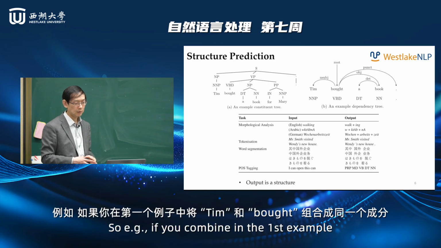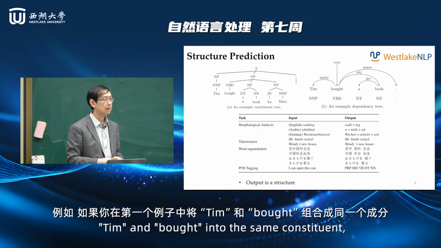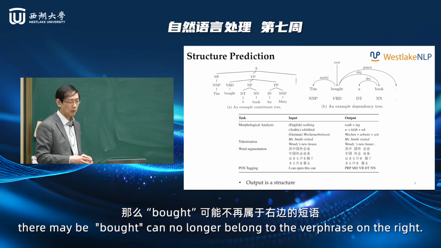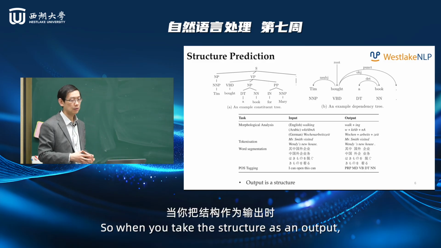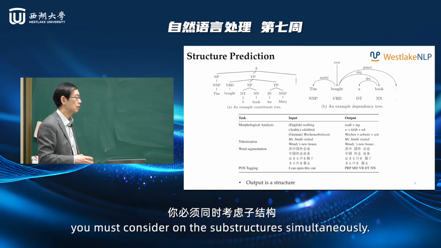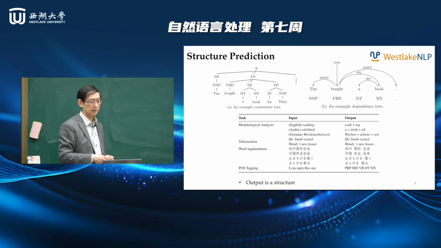So for example, if you combine, in the first example, Tim and Bot into the same constituent, then maybe Bot can no longer belong to the verb phrase on the right. Okay, so when you take the structure as an output, you must consider the substructures simultaneously.